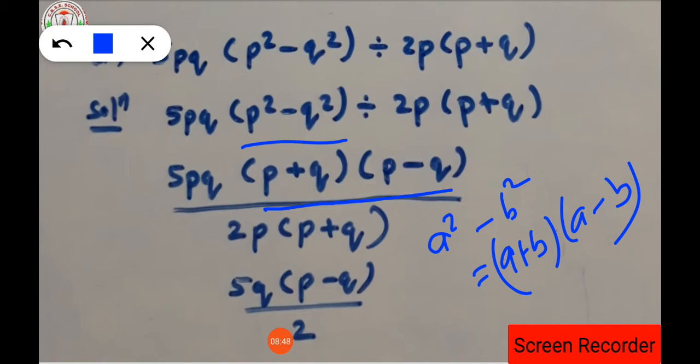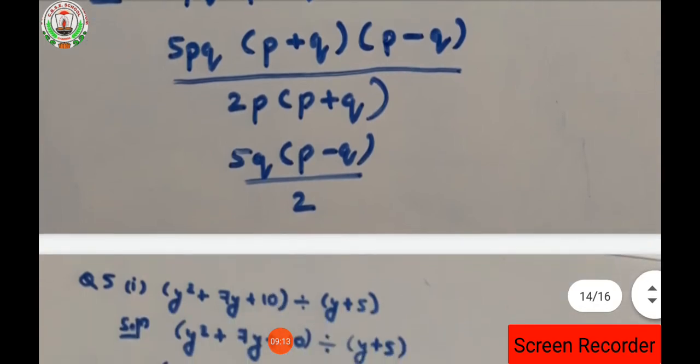So the solution will be 5pq into (p plus q) into (p minus q) upon 2p into (p plus q). Now p plus q is present in the numerator and denominator, it will get cancelled. P is present in the numerator and denominator, again it will get cancelled. What is left out? That is 5q into (p minus q) upon 2 is the required answer.